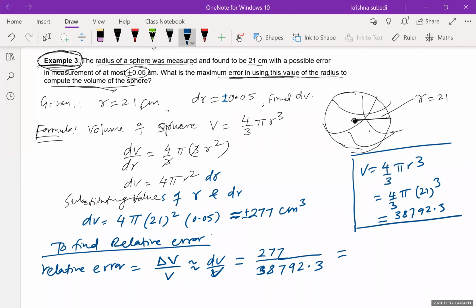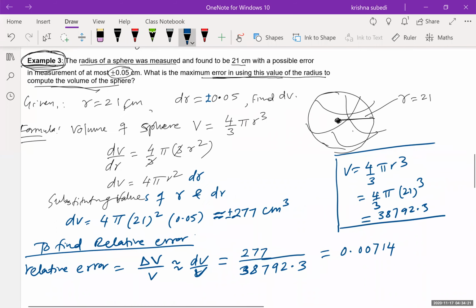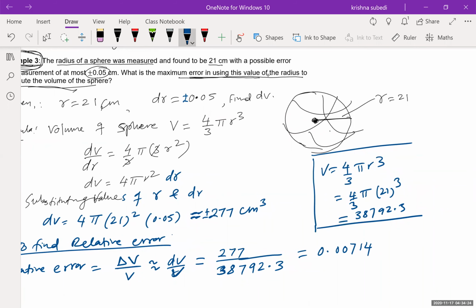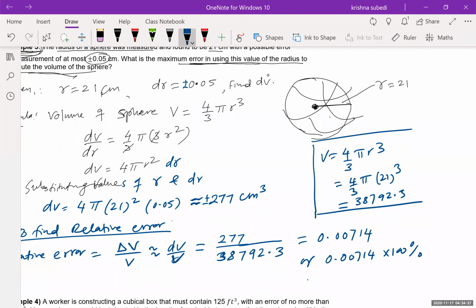If I divide that, how much do you get? Is it 0.00714? Am I right? If you change it into a percentage, you get 0.00714 times 100 percent, which gives 0.07 percent.